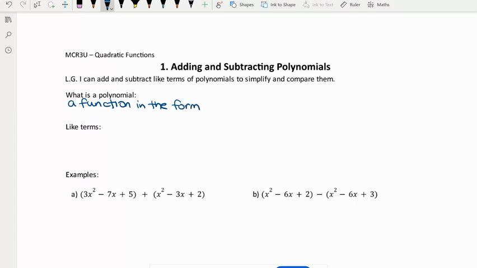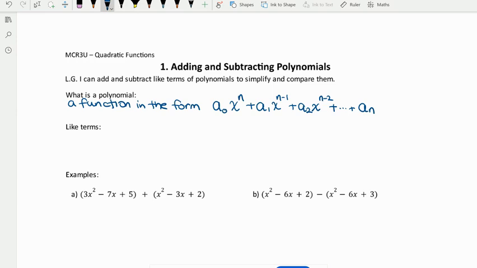Let me write it out first. a0 times x to the power of n plus a1 x to the power of n minus 1, a2 x to the power of n minus 2, plus and so on all the way until the last number a n.